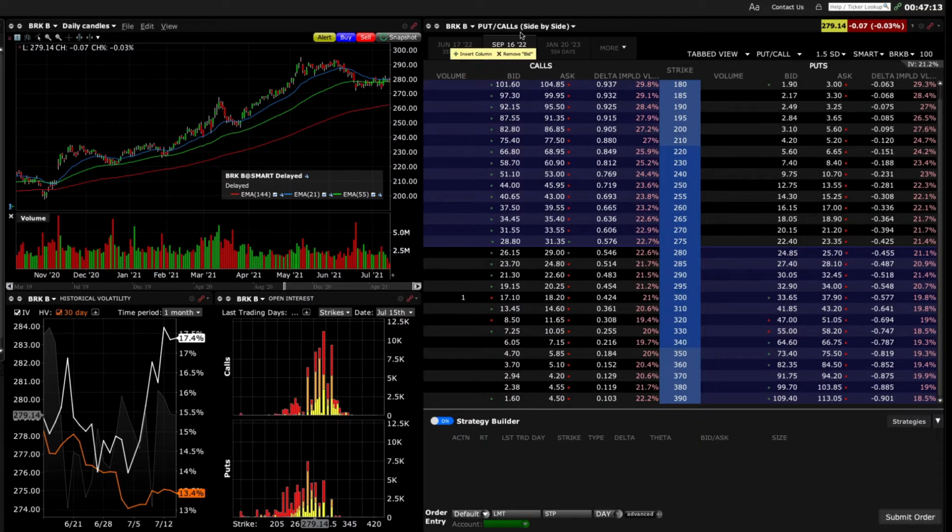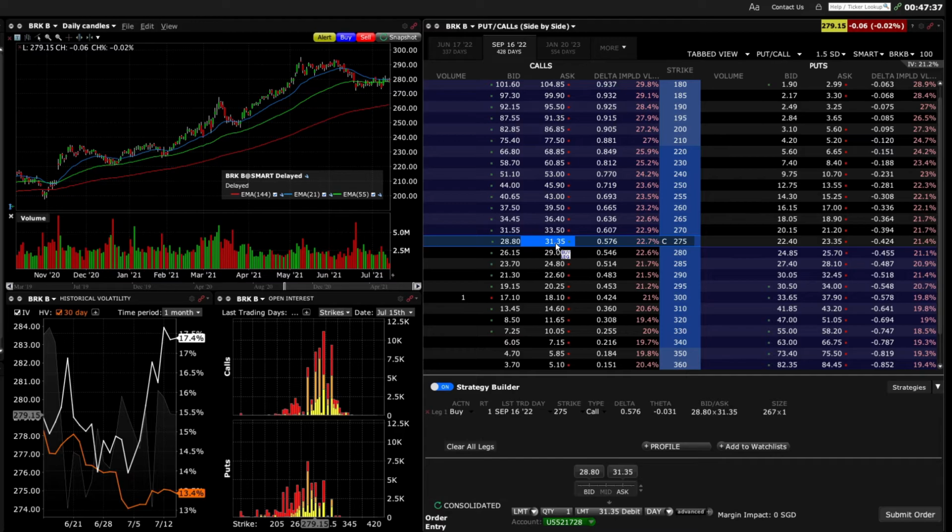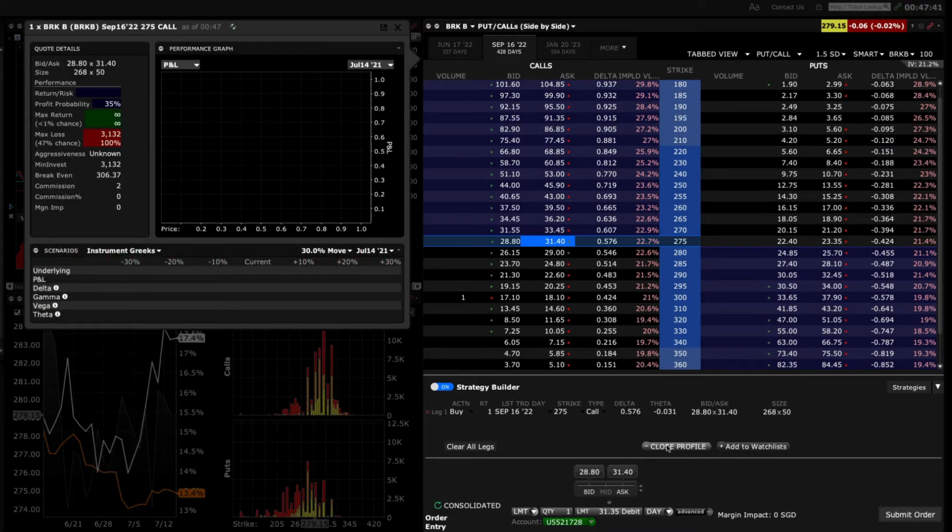So for this trade, I took the September 16 option. There's 428 days to expiration. When I took the trade, it was 430. I took the 275 call, and just to show you how it works, you click on the ask price, and then you click on profile, and we can take a look at the profile of this particular position.